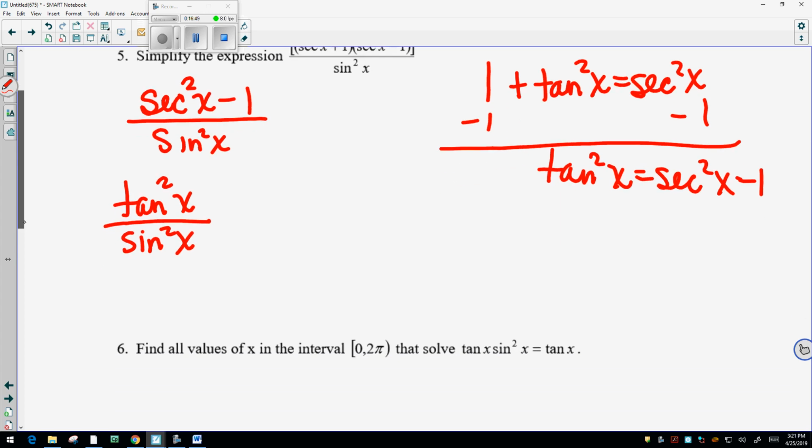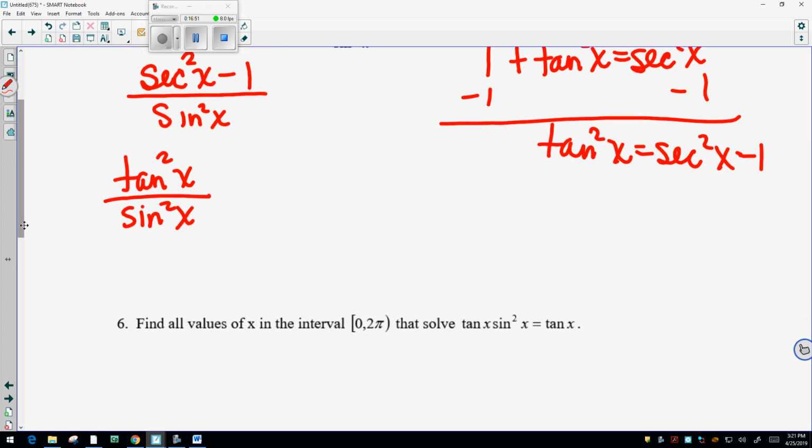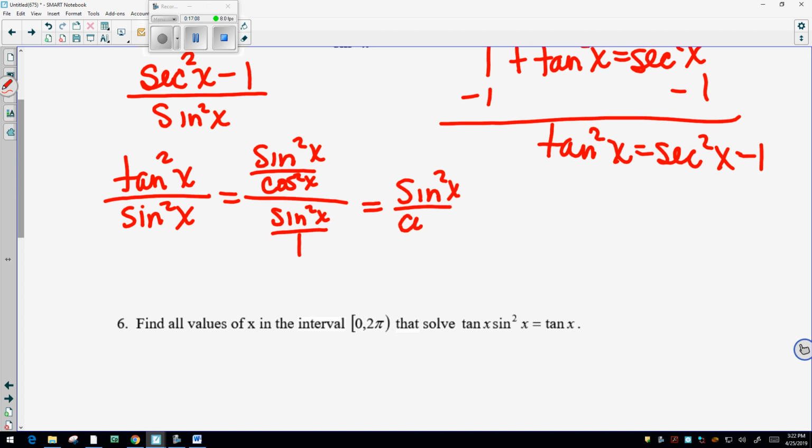But we're going to simplify this more, because we know tangent squared is really sine squared over cosine squared if I use our quotient identities. Now I have a fraction divided by a fraction, so I want to think copy, change, flip. Copy, change my middle term, and then flip.